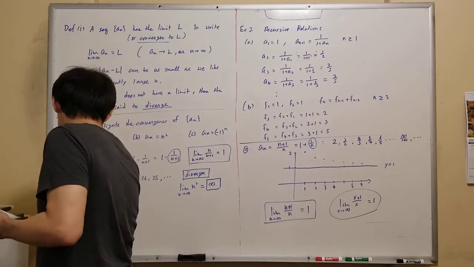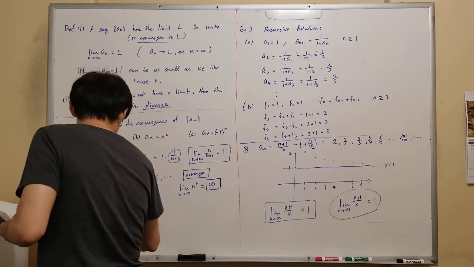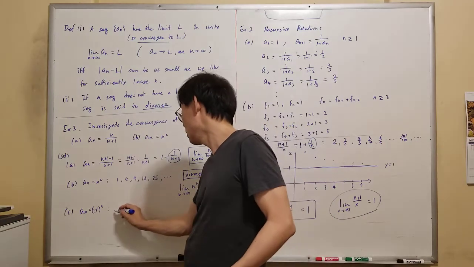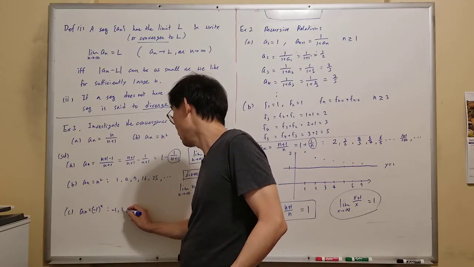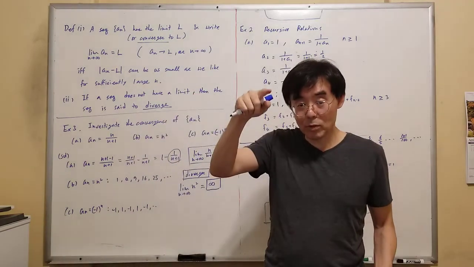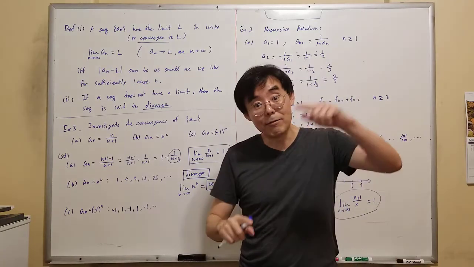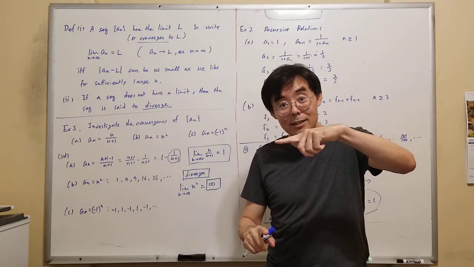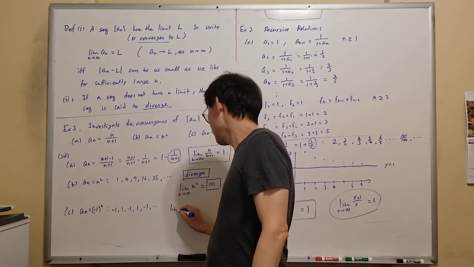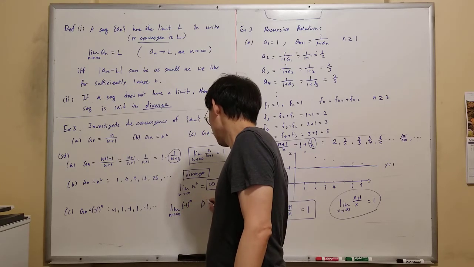Third, minus 1 to the nth. So if n starts from 1, minus 1 to the odd power: negative 1, 1, negative 1, 1. It oscillates between 1 and negative 1, right? In English, we don't call it diverge. It oscillates between two numbers. Well, the limit of this one does not exist.